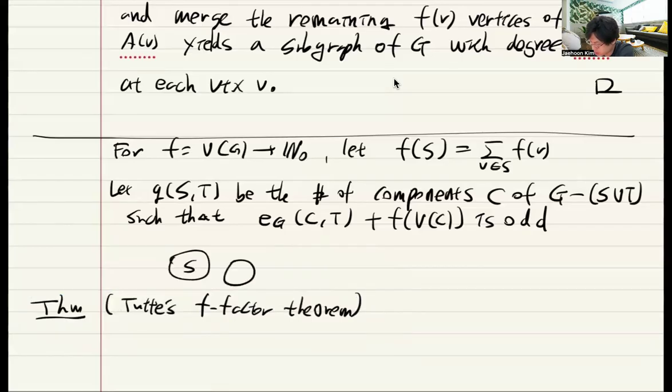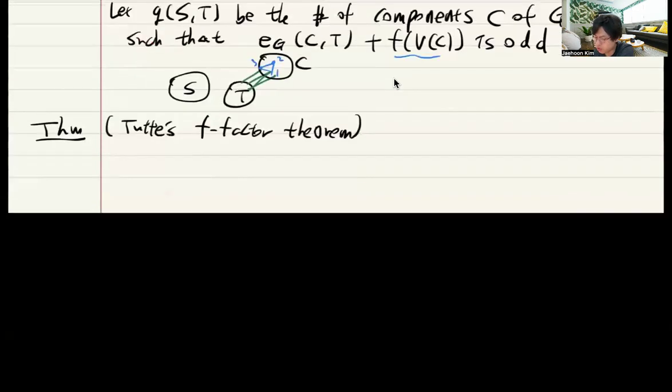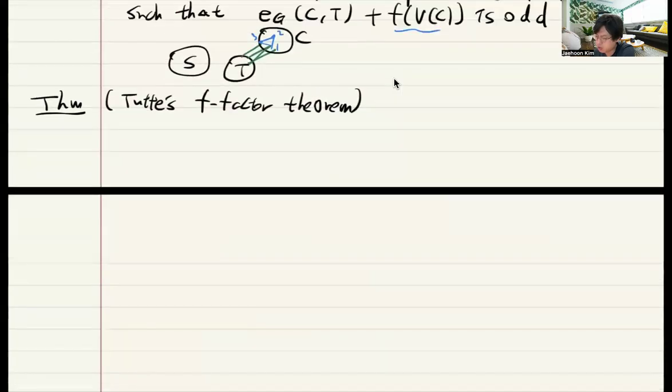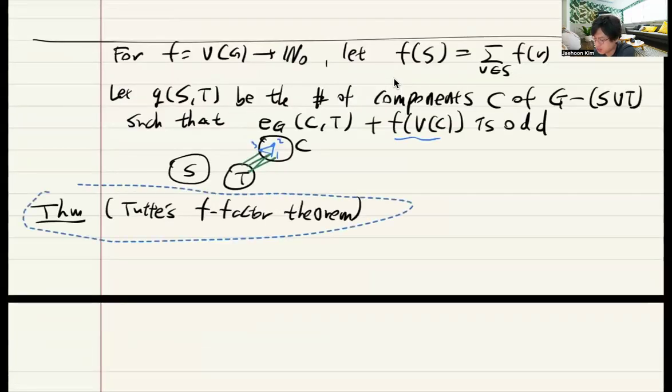So you have S and T, and then you have a certain C. You count the number of edges between C and T, and you add the f values, say 2, 3, 1, you sum them, and if altogether it's odd, then you count such a component. That's how q(S,T) is defined.